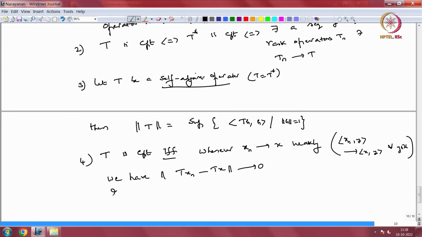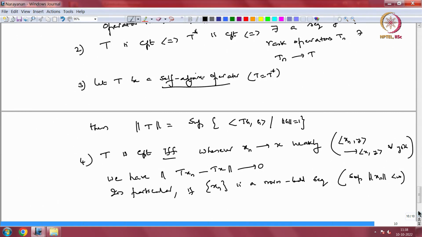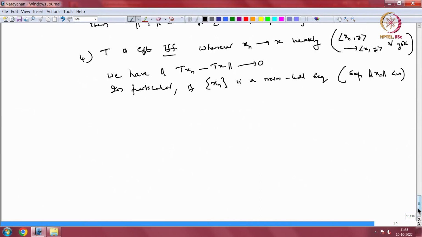In particular, this is more important for applications. In particular, if x n is a norm bounded sequence, that means the supremum of the norm of x n is finite, then of course, you have a weakly convergent subsequence of that, right.